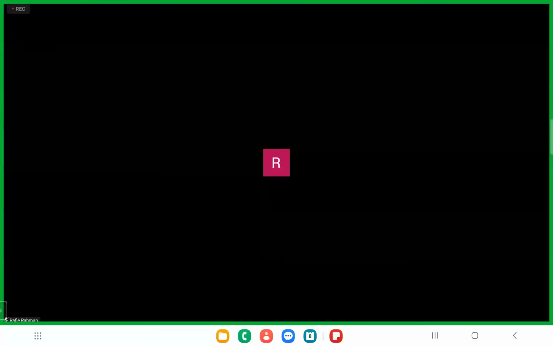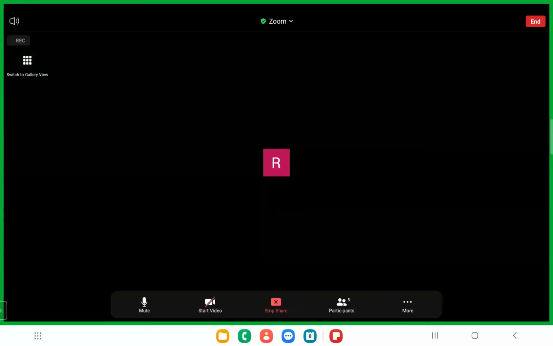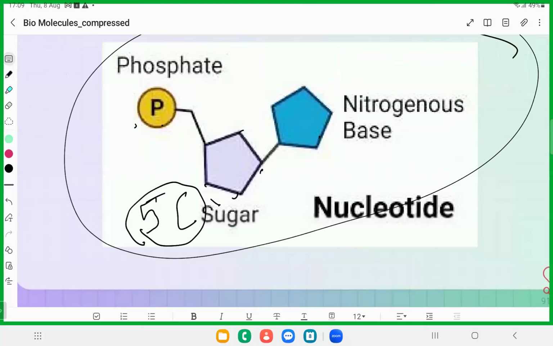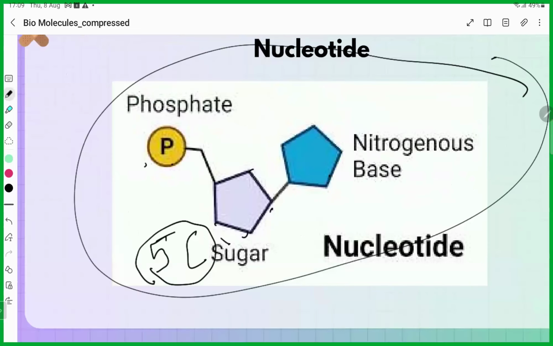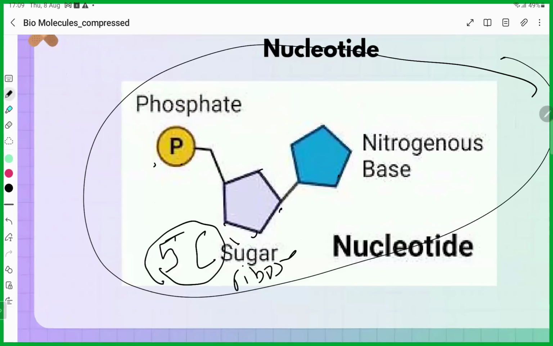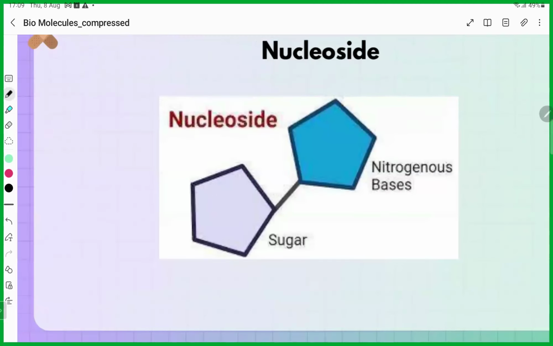So the nucleotide consists of ribose sugar, a nitrogenous base, and a phosphate group. The difference between a nucleotide and a nucleoside is that it's exactly the same: we have a ribose sugar and a nitrogenous base, but the only difference is that we don't have phosphate.